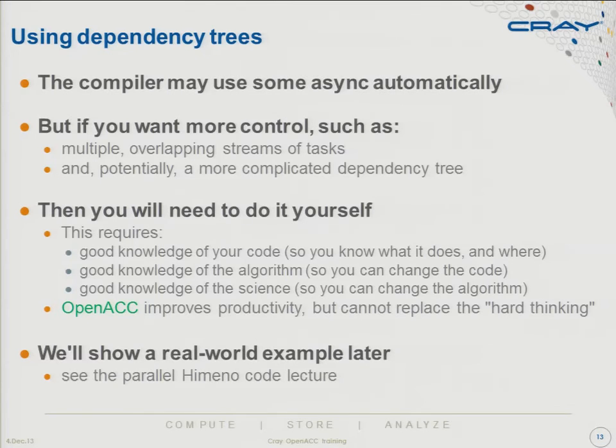That's where you come in. So that was all I was going to say. I've got an actual example later of using this. But again, don't use the asynchronicity until you've got a working code and you've got the data movements sorted out, because otherwise you're just wasting your time.